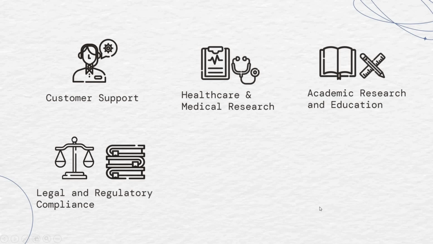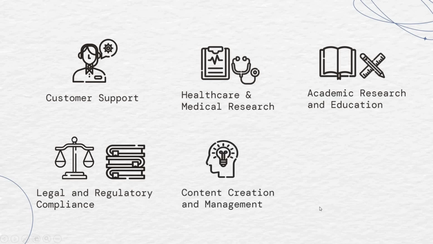Then the next use case is content creation and management. And here RAG deals with generating informative content. So RAG helps in generating high quality content for blogs, articles, reports, and social media by retrieving relevant information and crafting well-informed narratives.